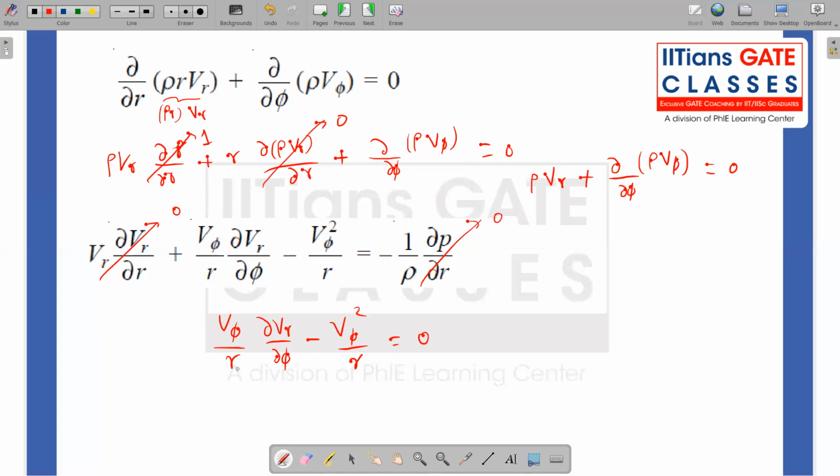So I can take out R. So I can write in terms of V_φ times (∂V_R/∂φ minus V_φ) equal to 0. So this is my R momentum equation.